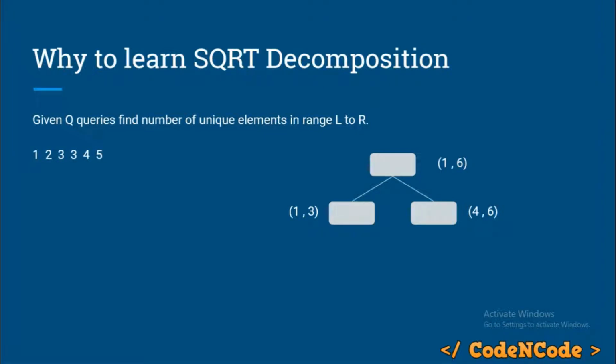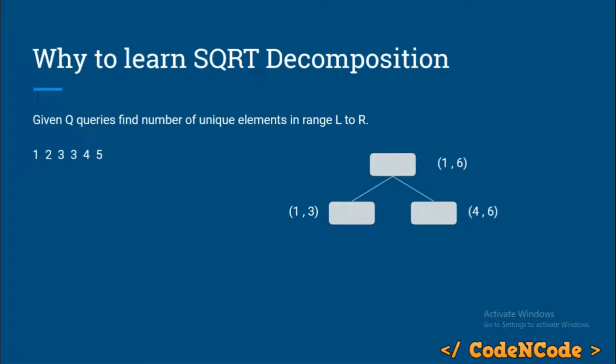Why learn square root decomposition? Square root decomposition is just another way of answering queries. It is one of the range query solutions like segment tree or Fenwick tree. So why do we need this? There are many things which you can solve using segment tree, but there are some which you cannot solve using segment tree.